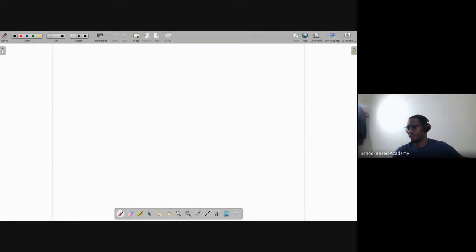Computers are always out to embarrass you because at this point I'm trying to get my notes document open and it's not quite opening like I want it to. Just give me a second and I will get it open.